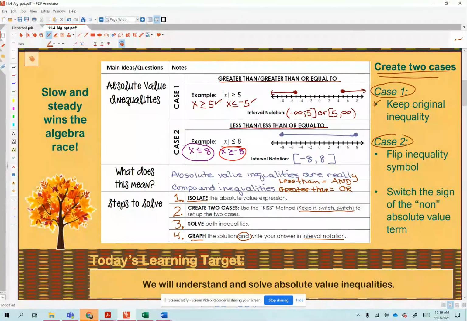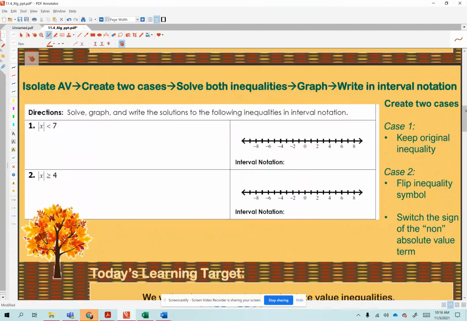In the second case, you flip the symbol of the inequality, and then you switch the sign of the non-absolute value term. And that is what we've done here and here, because the non-absolute value term here was a positive 5. Here it was a positive 8, so we gave it the negative. So let's try a few of these and let's see how you do.